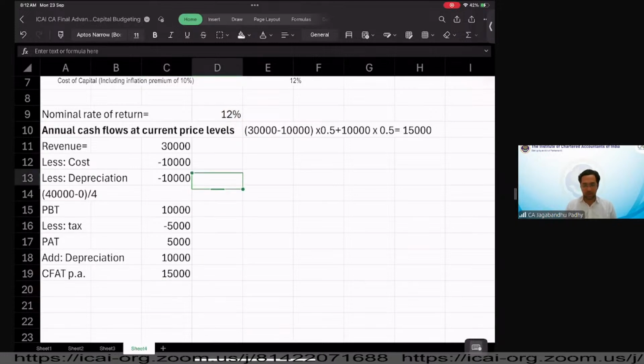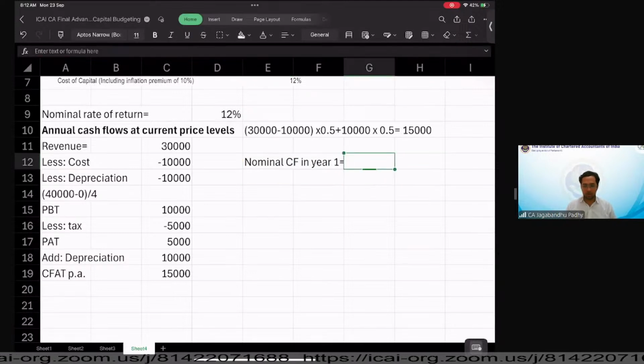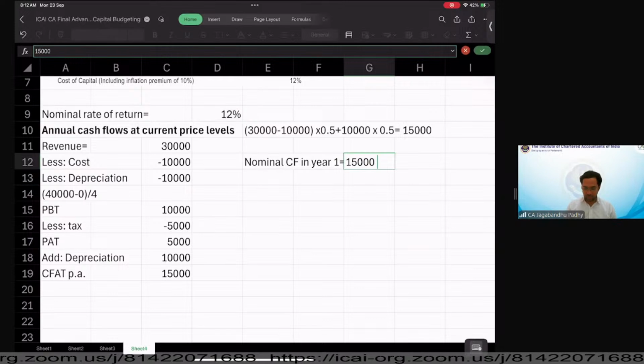Yeah. So if this is a real cash flow, can you tell me what will be nominal cash flow in year one? Nominal cash flow in year one, can I say it will be 15,000? Adjust for the inflation. What's the inflation given in the question? What is the inflation? 10%, right? So can I say 15,000 at current price level would translate to how much after a year?